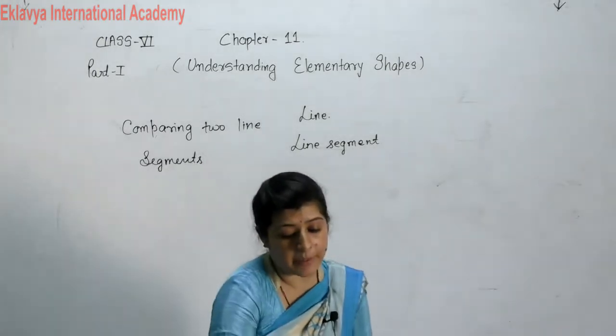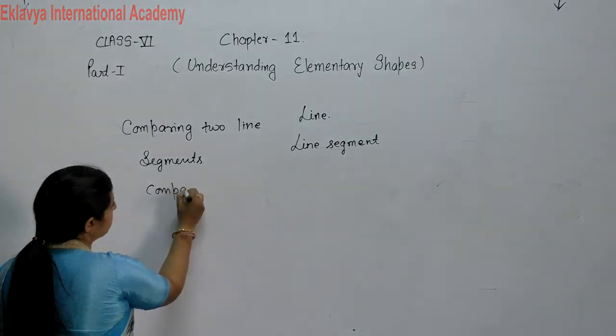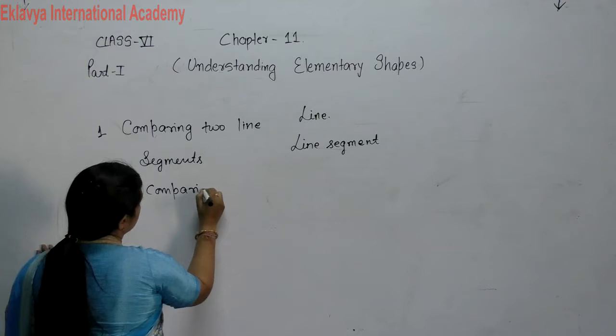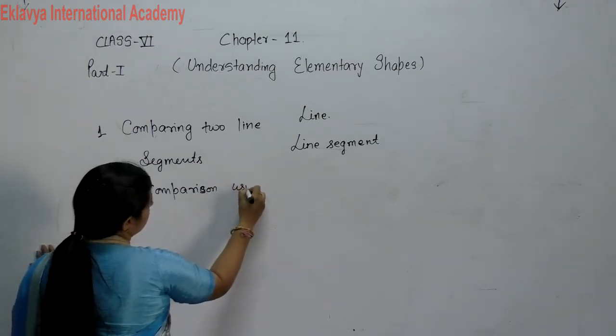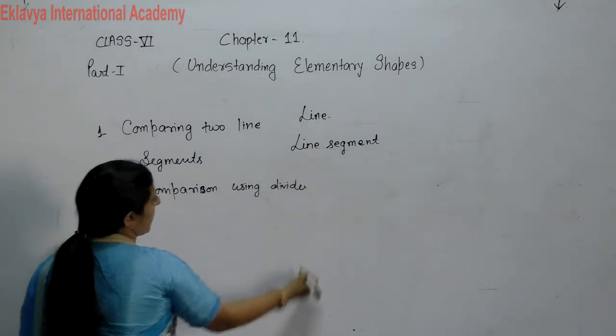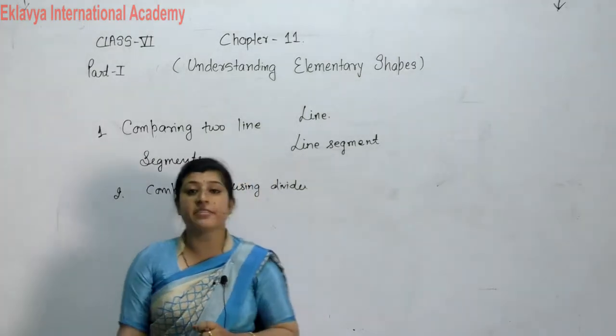The second type of comparison, we can do using a divider. First one is comparison using observation, just by observation. Second, divider.